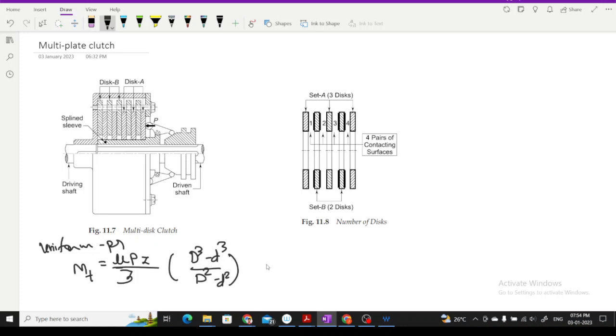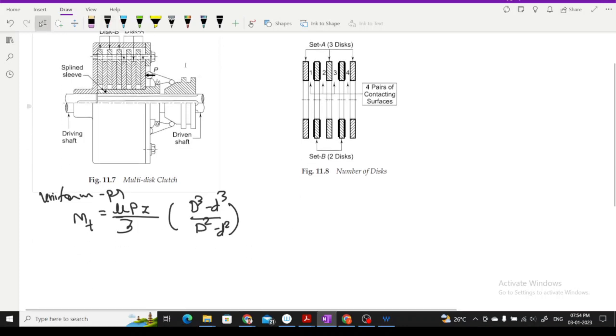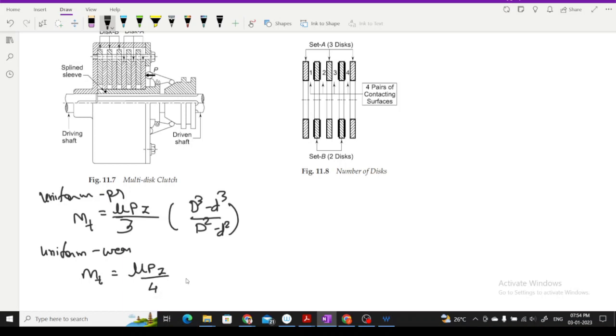Similarly, for uniform wear theory, this torque can be given by mu p z by 4 times (D plus d). Here z is the number of contacting surfaces.